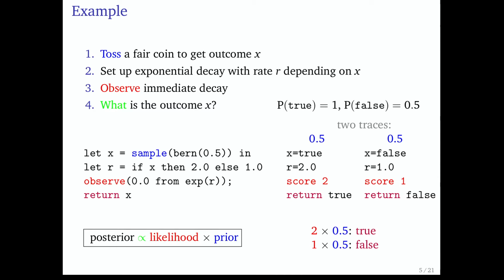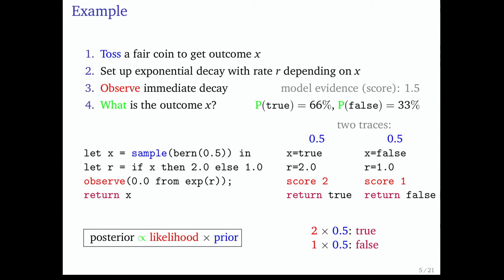That doesn't add up to 1, so it's not a probability measure. I need to normalize it. The total weight of these scores is 3, so I need to divide by 3 times a half. So at the end of the day, the posterior is going to be 2/3 chance of true, 1/3 chance of false. And the model evidence that I've divided by, I'm going to remember, was 1.5.